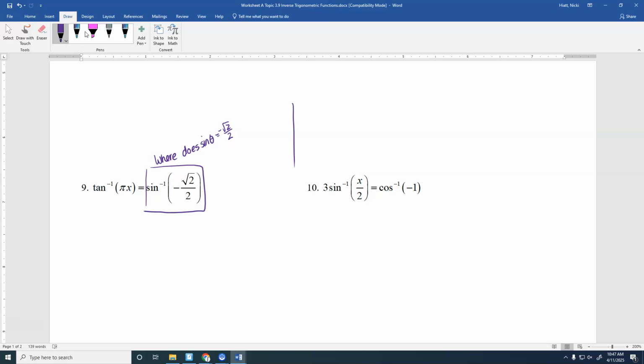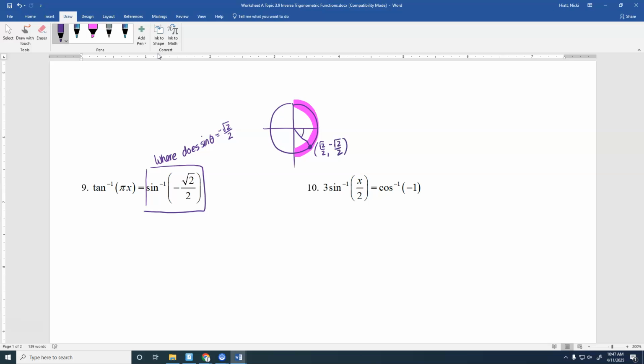So if I'm thinking about that unit circle for sine, I only look at the first and fourth quadrant. I would have to have this point right here. That's where I'm going to get positive root 2 over 2, negative root 2 over 2.